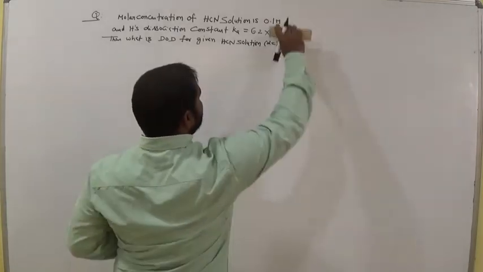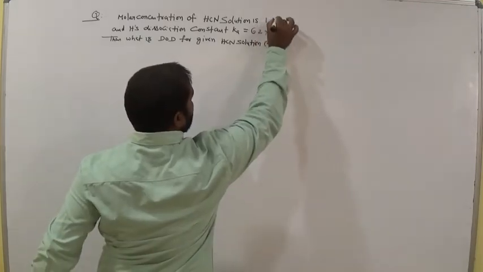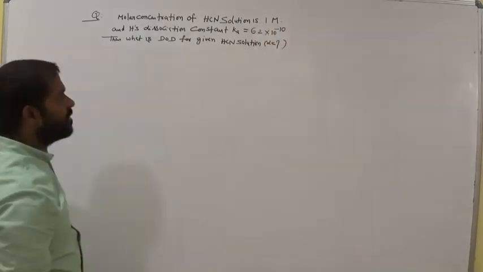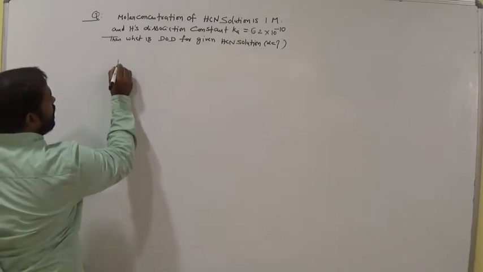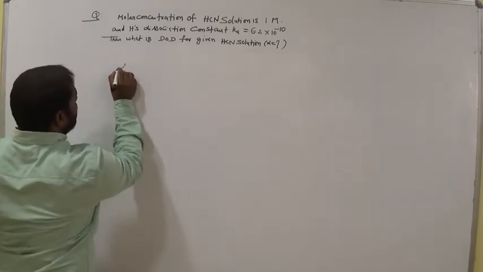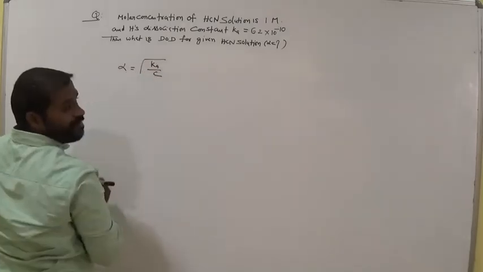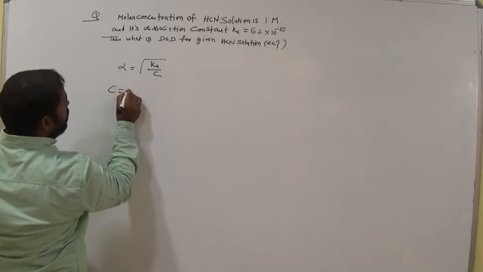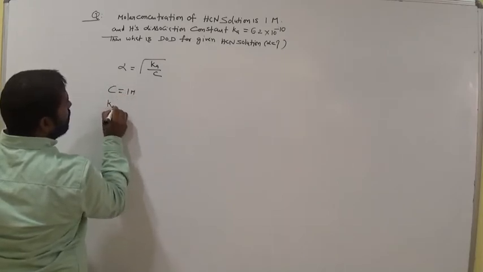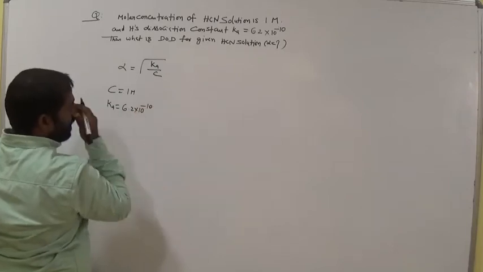So next problem. Suppose the concentration is given as 1 molar. Now I would like to calculate alpha. Alpha equals square root of Ka by C, where C is 1 molar and Ka is 6.2 into 10 power minus 10.